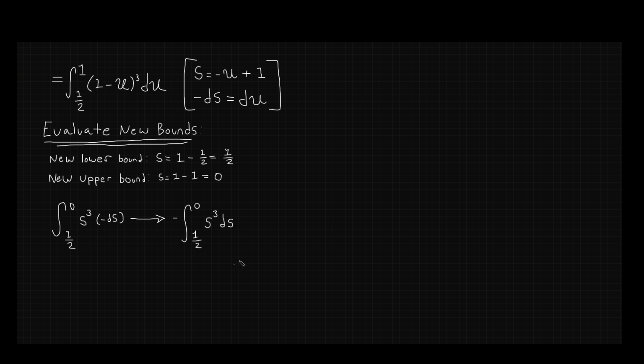So let's do that. These -1s are going to cancel out, and we'll be left with the integral of 0 to 1/2 of s to the third power. At this point, we're going to evaluate the integral. So I'm going to clean this up.